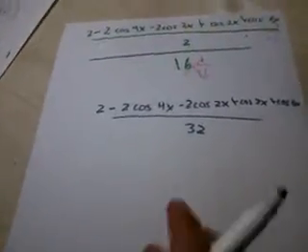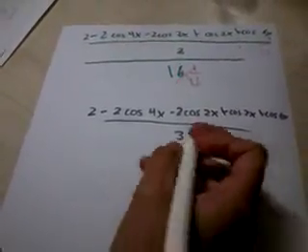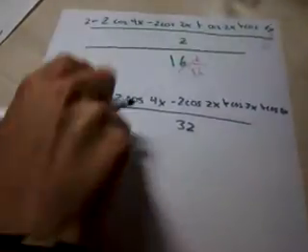To write it in a nicer way, in a product to sum formula case, we're going to take out a 1 over 32 and multiply it by the whole numerator.